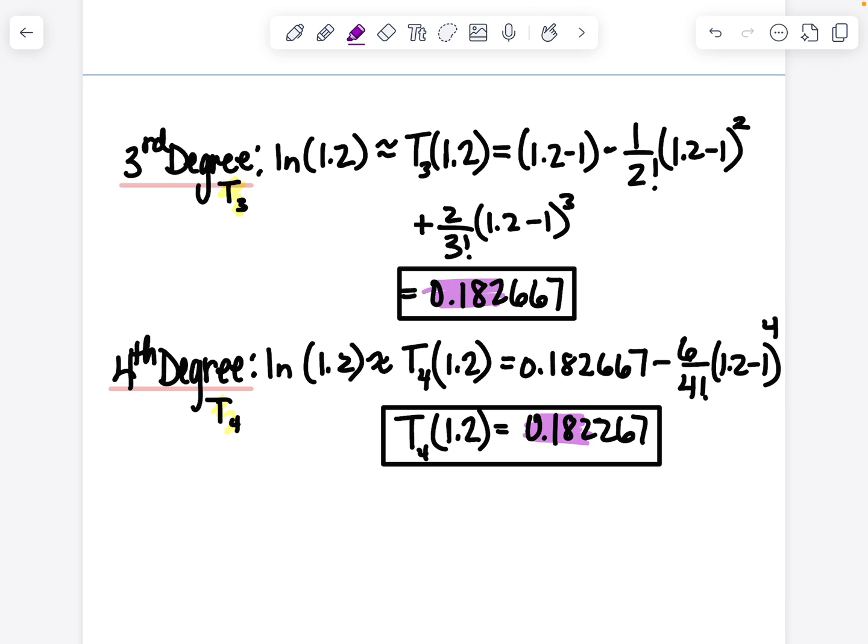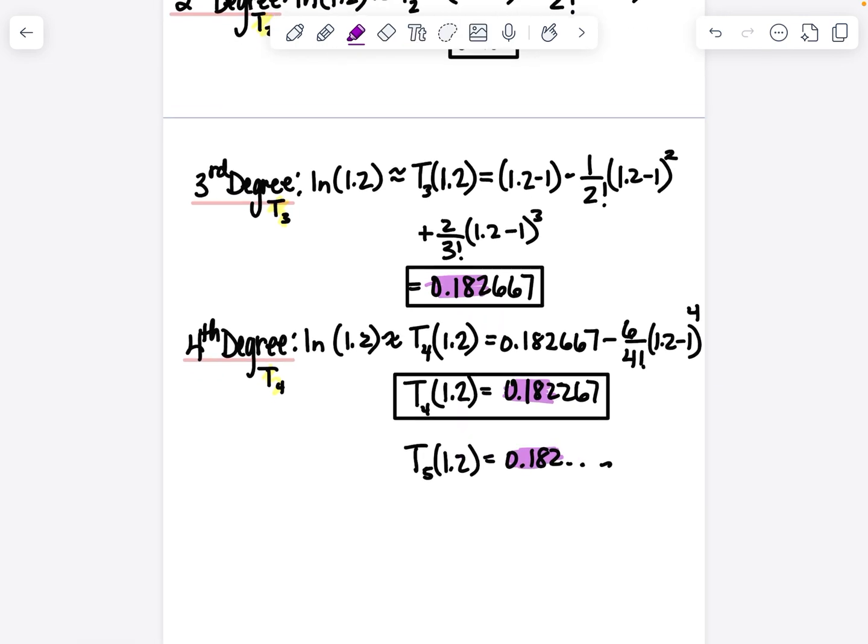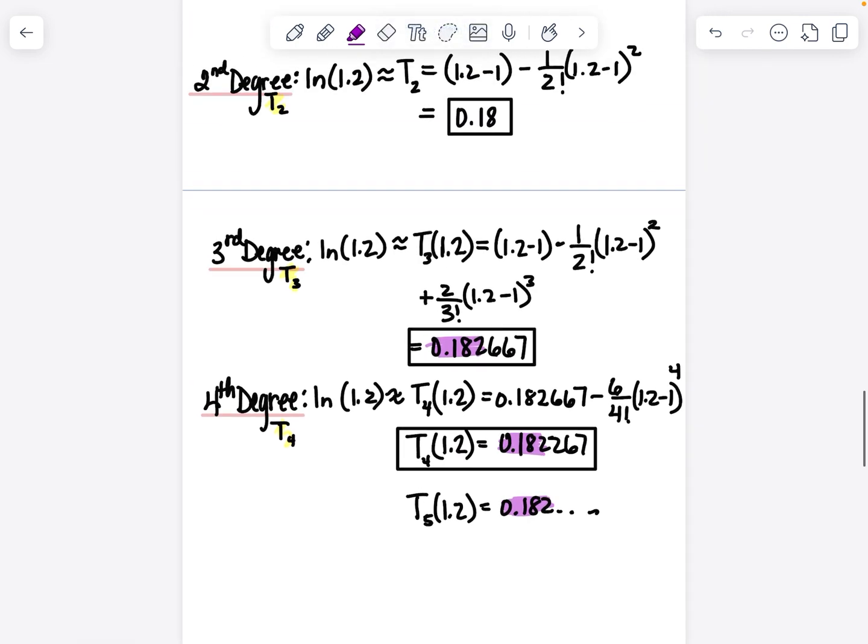T sub 5 at 1.2 is going to have this 0.182, because remember, you're just increasing the number of terms. You're not moving further away from the center. So whatever else happens at that point, this will converge. T sub 6, the 6th Taylor polynomial, the 7th Taylor polynomial, is just going to get more and more accurate with less and less error. So that's what you had to do for that one.